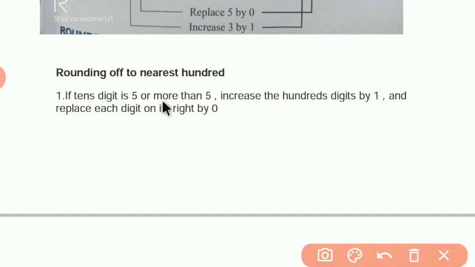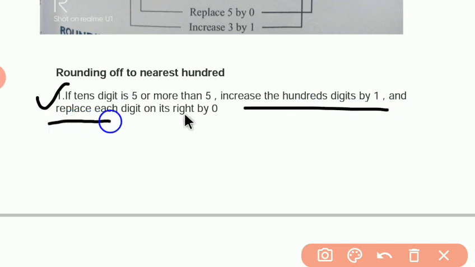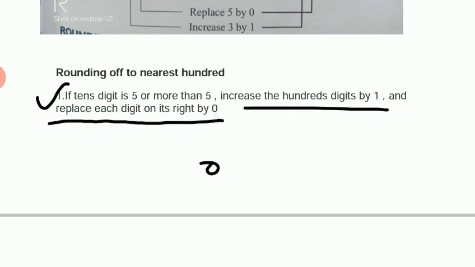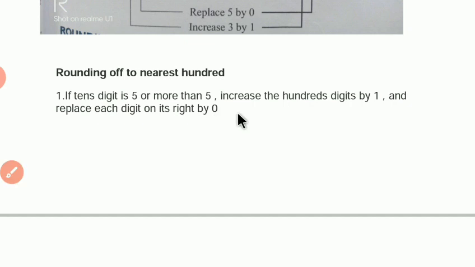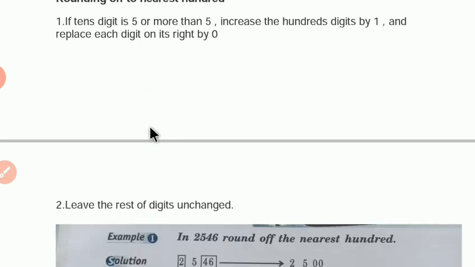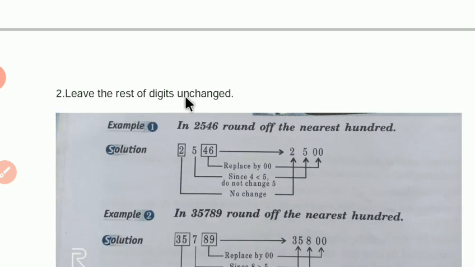If the tens digit is 5 or more than 5, increase the hundreds digit by 1 and replace each digit on its right by 0. You can see the rules are the same for nearest 10, 100 and 1000. Only the place value changes. For 100 we have to see the tens digit. Second, leave the rest of the digits unchanged.